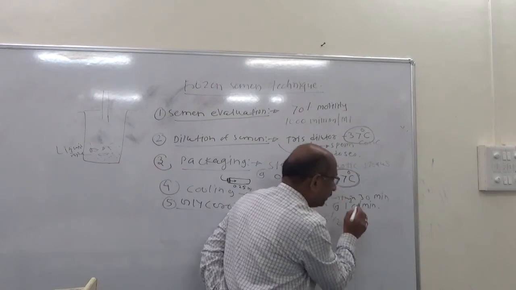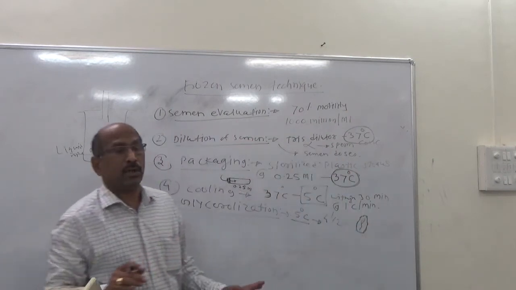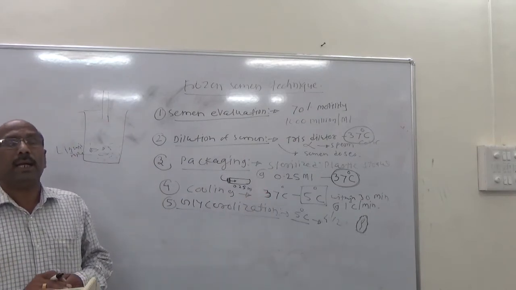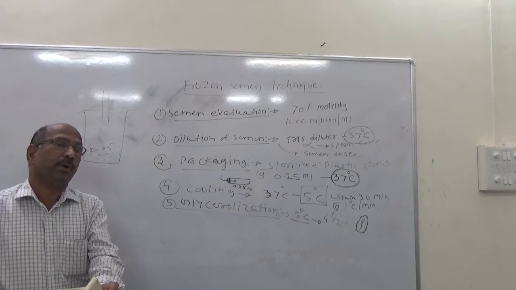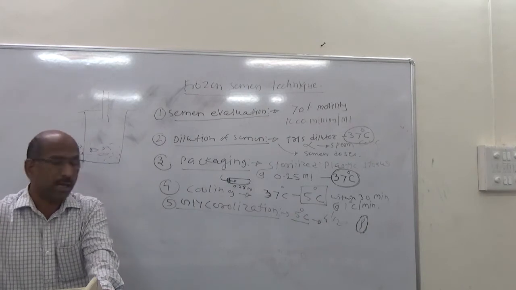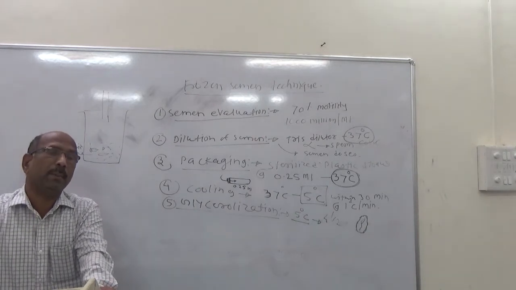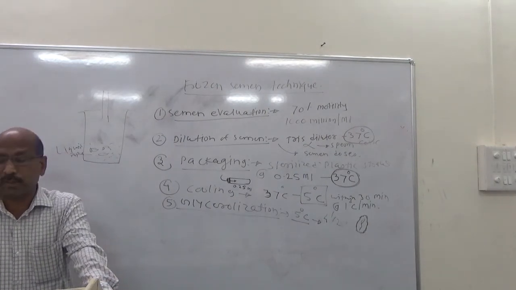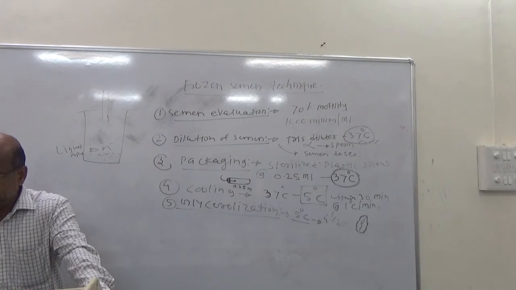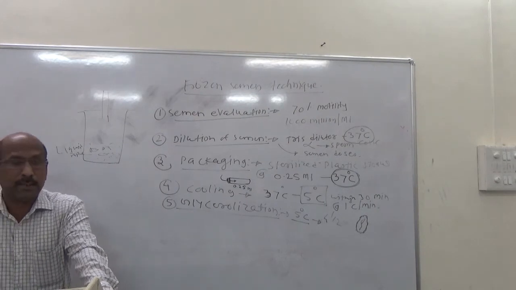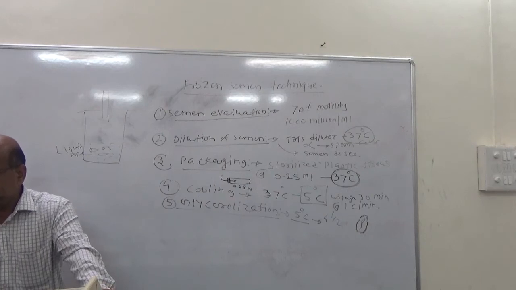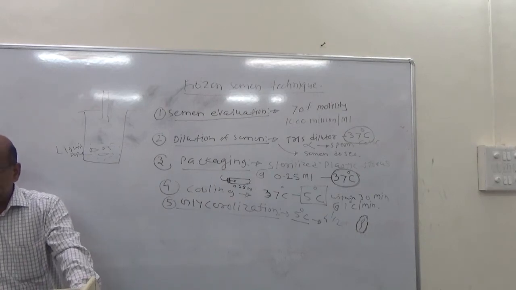These semen straws are held at 5 degrees centigrade for about 4.5 hours in the cold cabinets, and the glycerol, as part of the diluter, reacts with the spermatozoa.